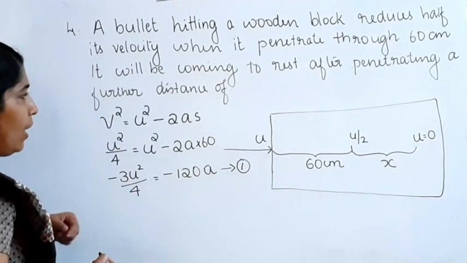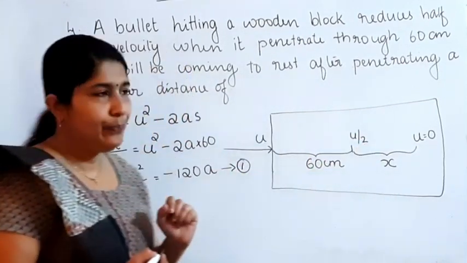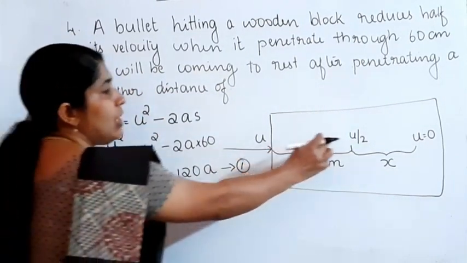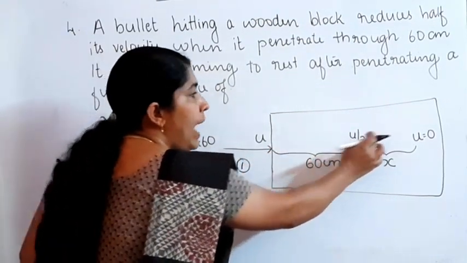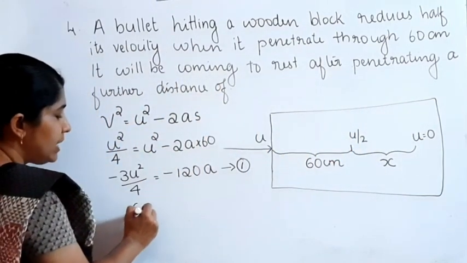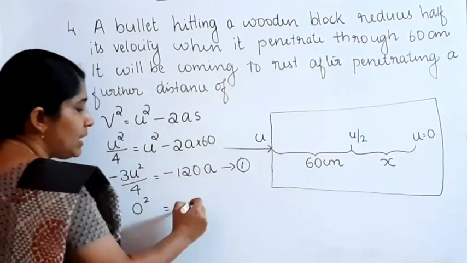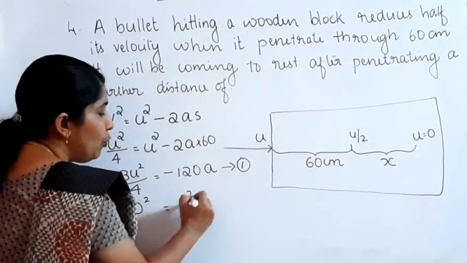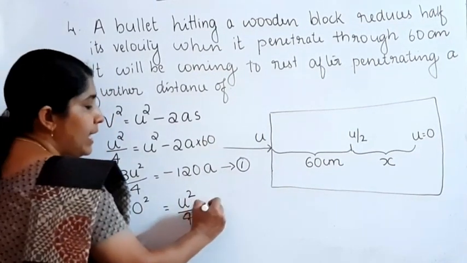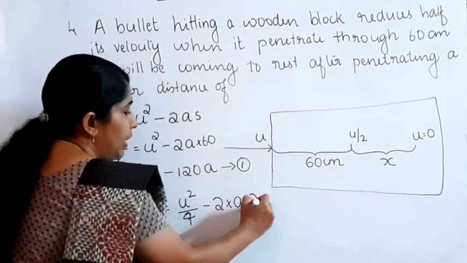Now we can use this equation in this case also. Initial velocity is equal to u by 2 and final velocity is equal to 0. Therefore, 0 square equal to u by 2 the whole square, that is u square divided by 4, minus 2 into a into x.